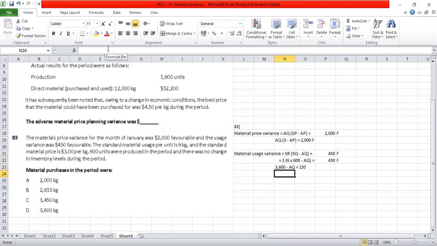So we have 3600 minus 150, and that will be 3,450 kgs. We have option C, 3,450 kgs.